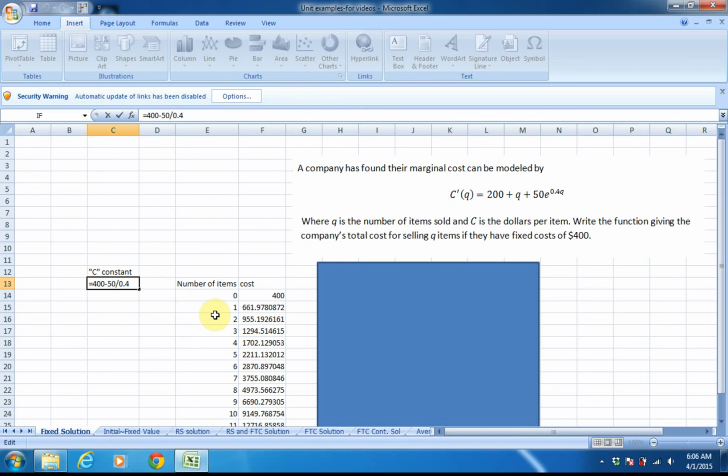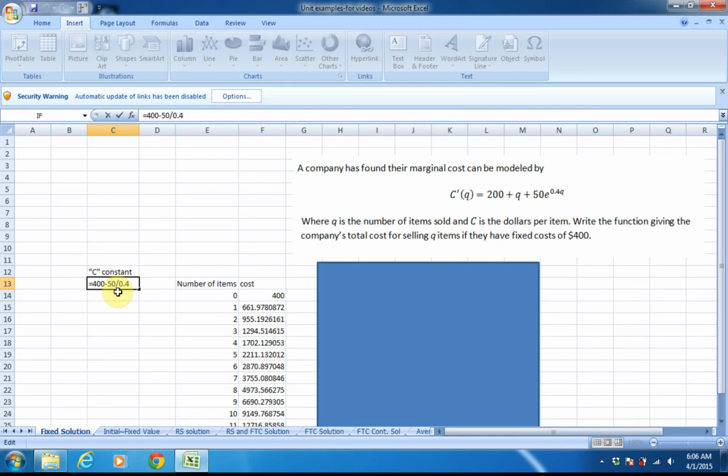And when we look at, if we go back here, and we evaluate all of our Q's for 0, because for fixed costs we haven't sold anything, the only thing that we're going to be left with is, oh, well, if I've got 50 e to the 0.4 Q divided by 0.4, e to the 0 is still 1.